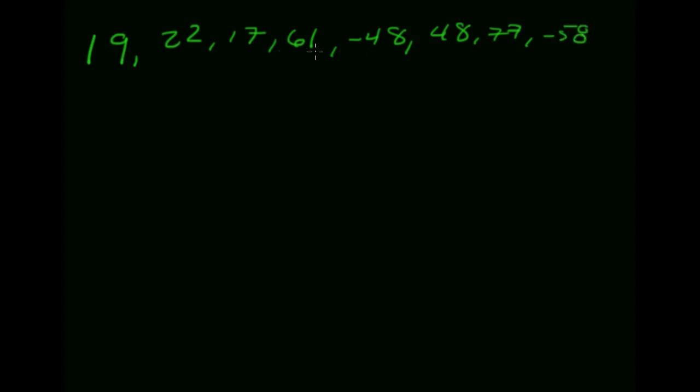Okay, so in number 4, we're going to go the other way around. We're going to assume that someone has handed us an encoded message. So we have 19, 22, 17, 61, -48, 48, 77, -58, 58, 145, -141, 122, 62, -54, 49.